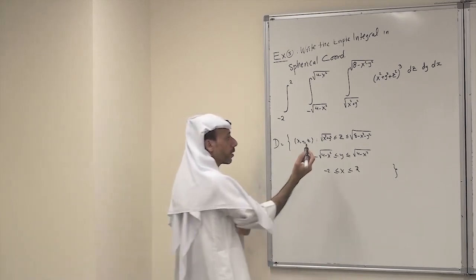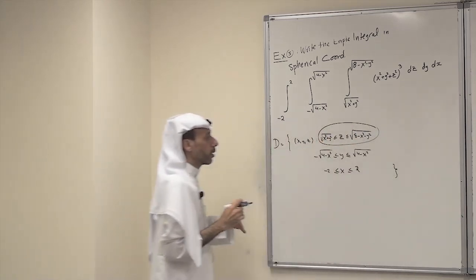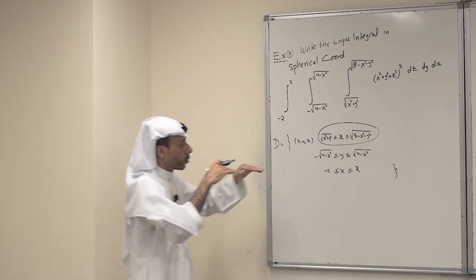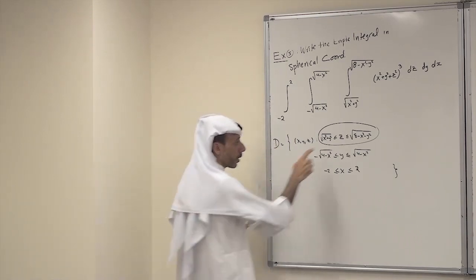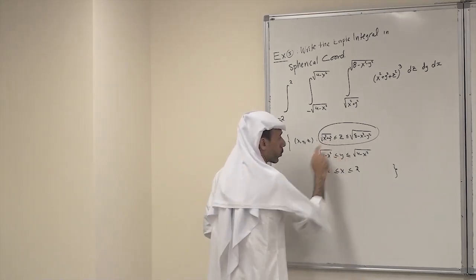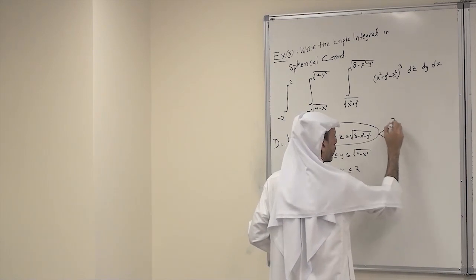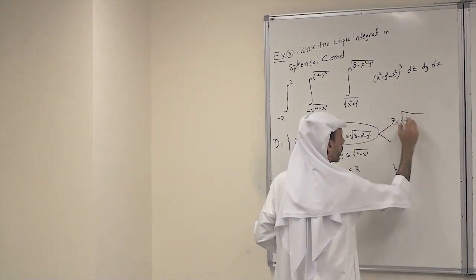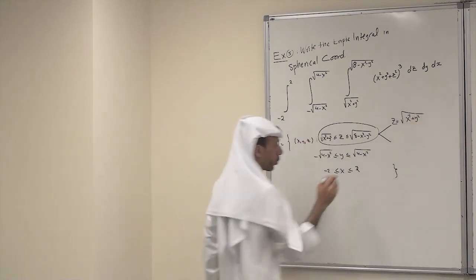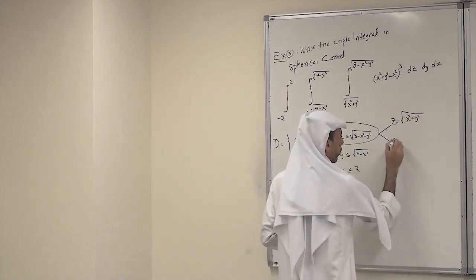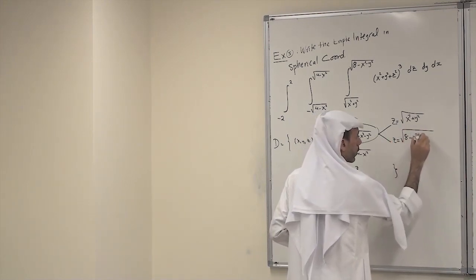We concentrate on the z limits, because the solid will be between two surfaces. What are these two surfaces? The lower is z equals root x squared plus y squared, and the second one, the upper, is z equals root 8 minus x squared minus y squared.